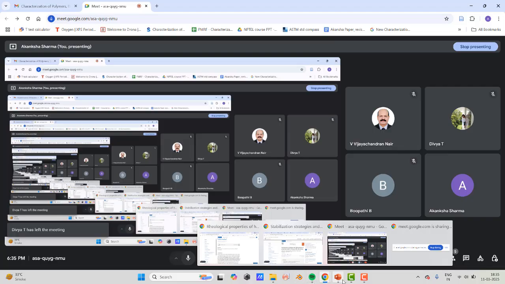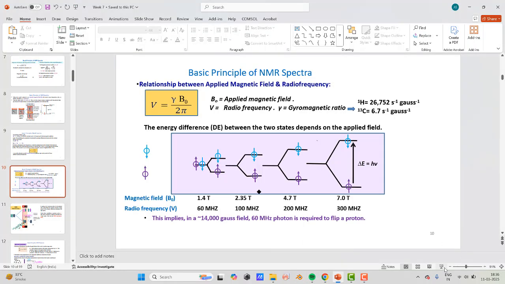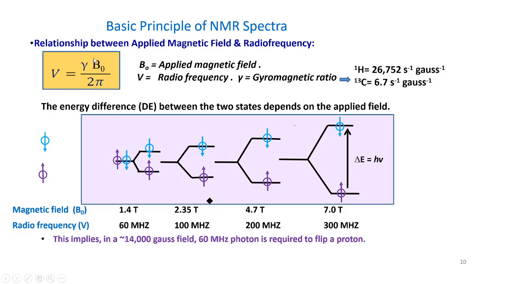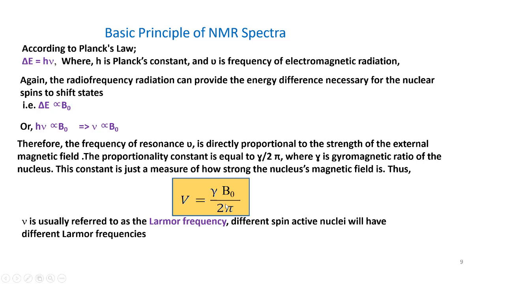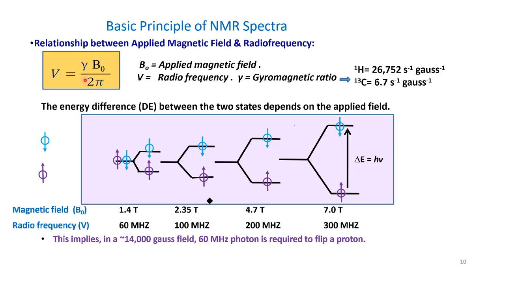So continuing with the NMR principle, we know the relation between the applied magnetic field and radio frequency. From this derivation, we know the relation between the frequency of a particular molecule, that is the Larmor frequency, and the magnetic field. So here B naught is the applied magnetic field, as I have told.